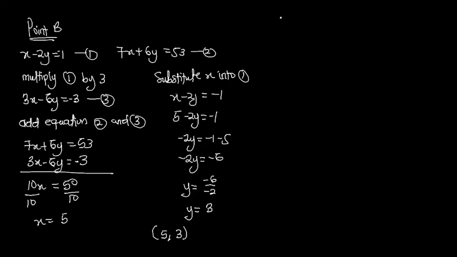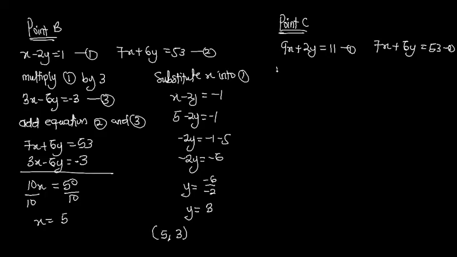So for point C, we'll be solving the two equations. 9x plus 2y is equal to 11 as our equation 1, and 7x plus 6y is equal to 53 as our equation 2. So I see that I have 2y here, 6y over here.